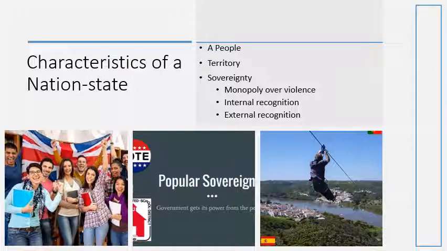So sovereignty means that there's a state, and that state has some kind of monopoly over violence. So that's control of the military and the police. The state has to be recognized by its own people, and they have to be recognized by other external states. So, the United States, for example, would have to recognize Catalan to be a separate state in order for it to actually be one.